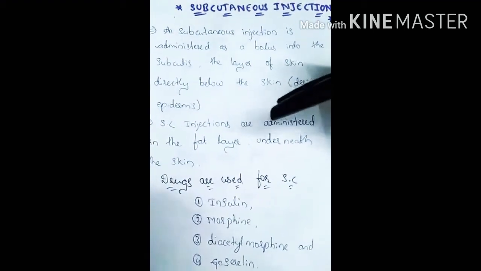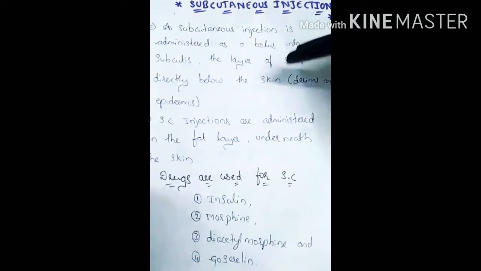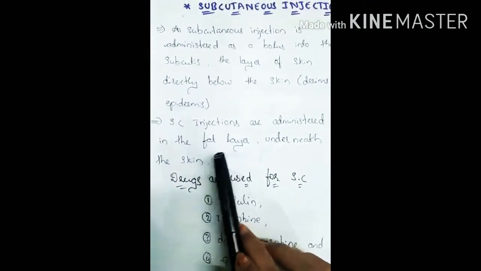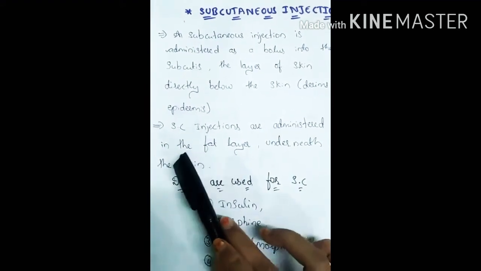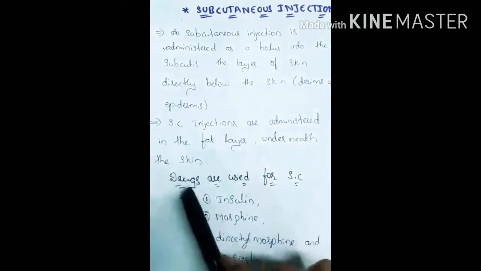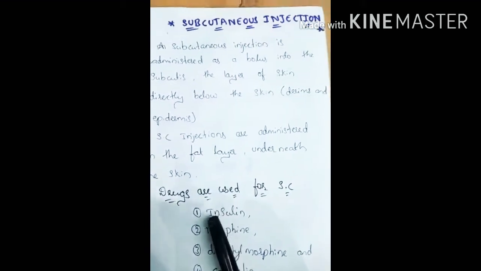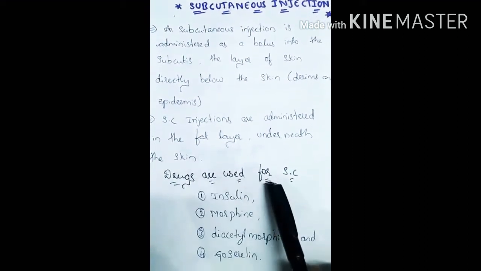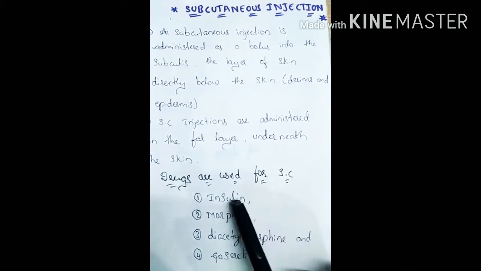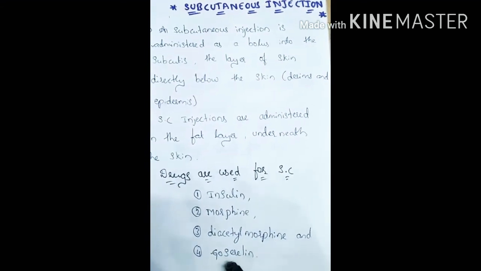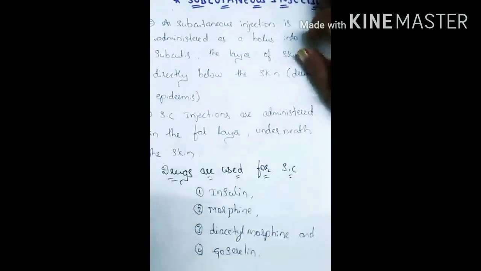Next, drugs used for subcutaneous administration are insulin, morphine, diacetylmorphine and goserelin.